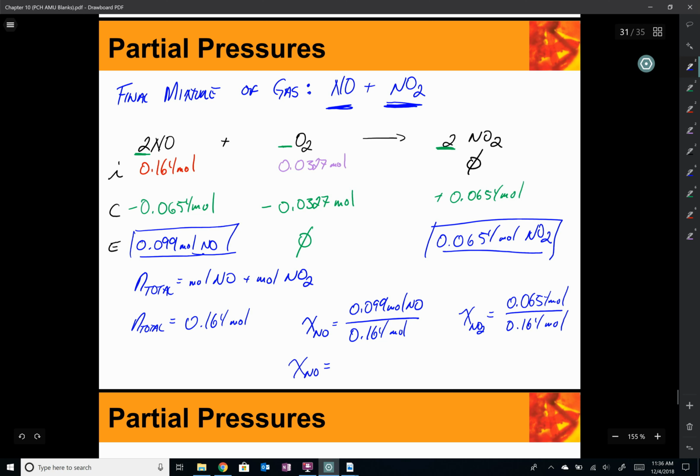And if we just plug that in, this is equal to 0.6, and this is equal to 0.4. So 60% of this and 40% of the moles is roughly what we're talking about here.